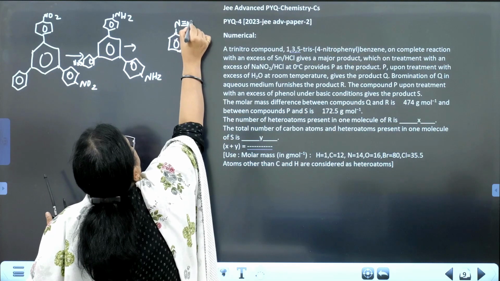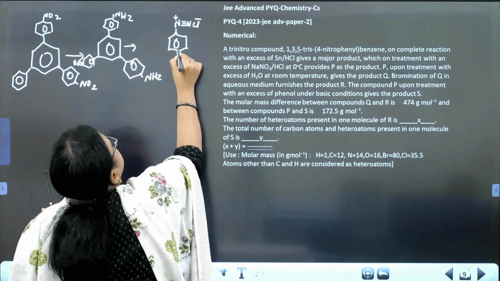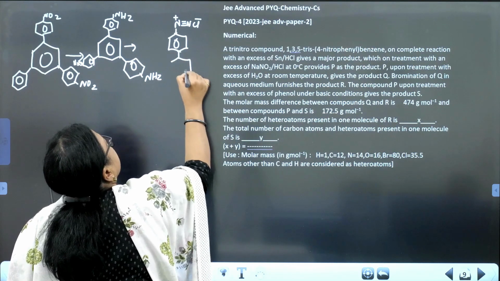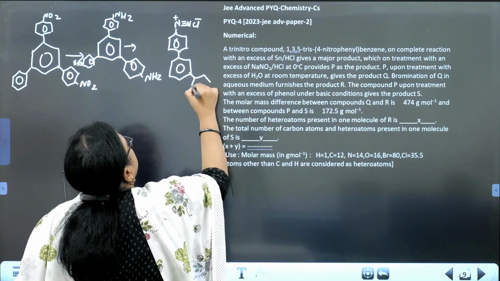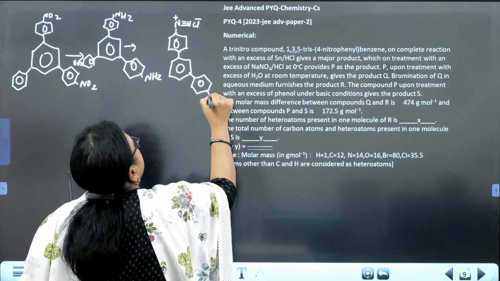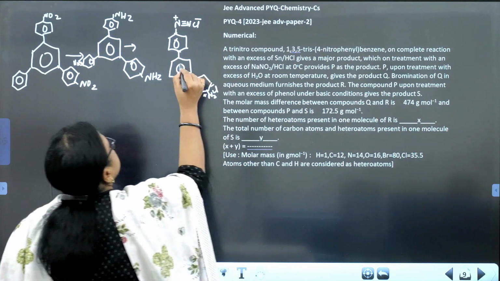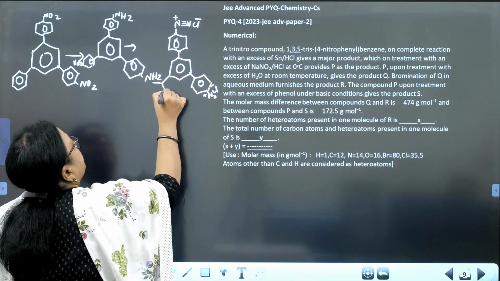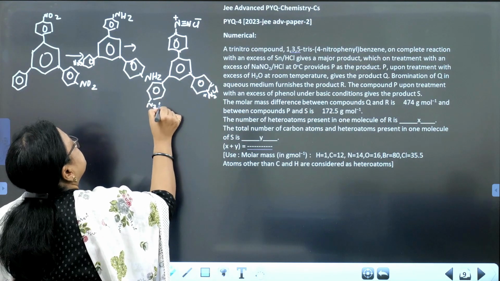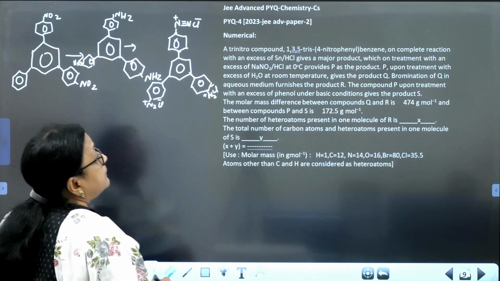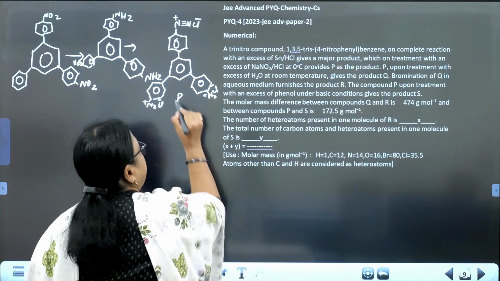All the primary aromatic amino groups will undergo diazotization, forming, everywhere you will have diazonium chloride now, N2Cl. And this compound is called P. This is the compound P.